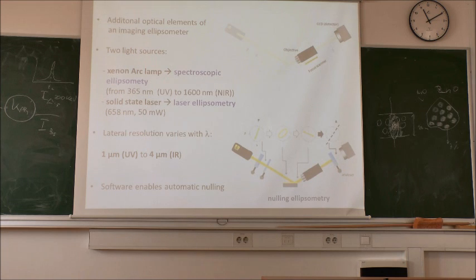This procedure is very time-consuming and slow, but nowadays every software enables automatic nulling. As a light source, we can use a xenon arc lamp with tunable wavelengths in the range from 365 to 1600 nanometers, or a solid-state laser at 658 nanometers. In the case of the xenon arc lamp, we can perform spectroscopic ellipsometry, while in the case of the solid-state laser, we perform laser ellipsometry.